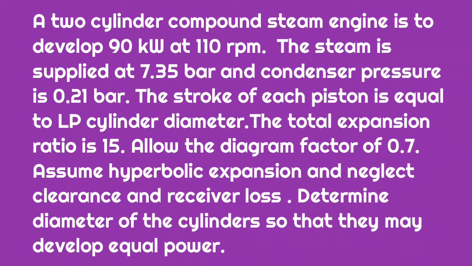The total expansion ratio is 15. Allow a diagram factor of 0.7. Assume hyperbolic expansion and neglect clearance and receiver loss. Determine the diameter of the cylinders so that they may develop equal power. So this was the given question.